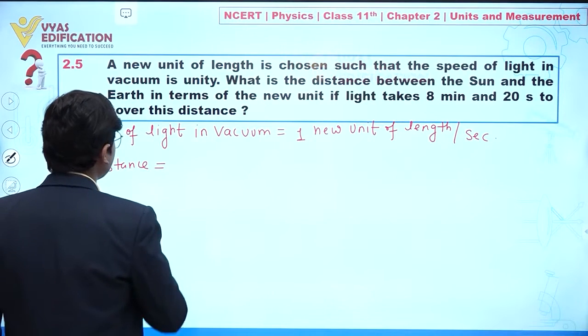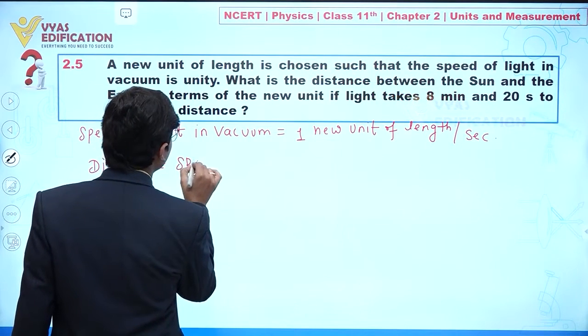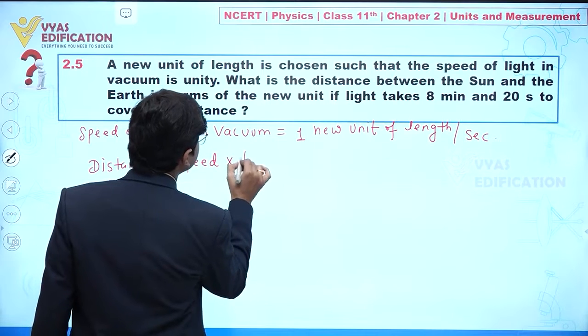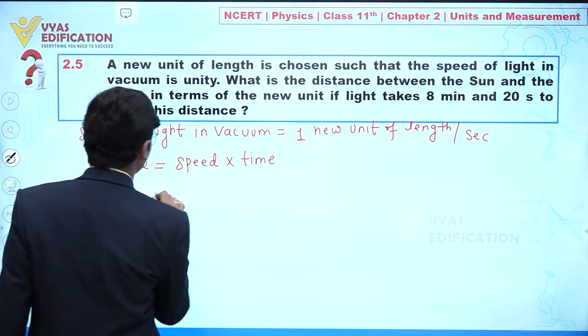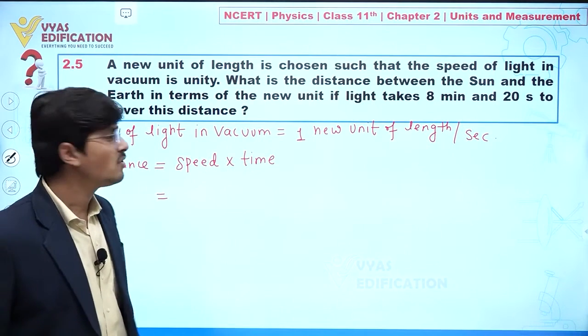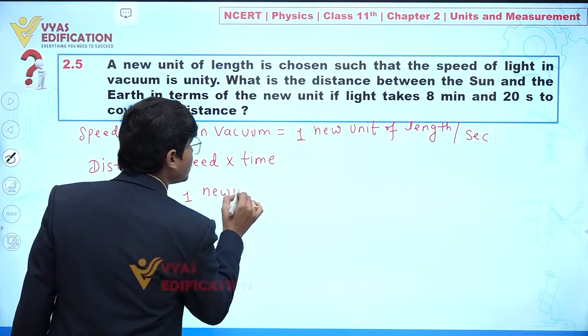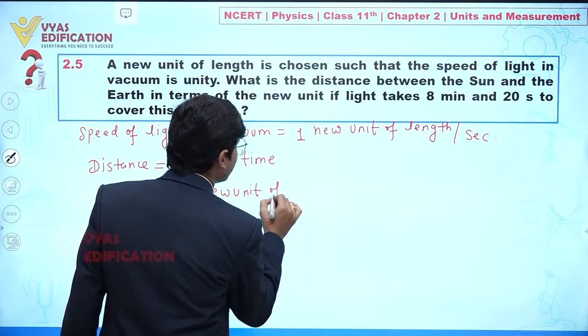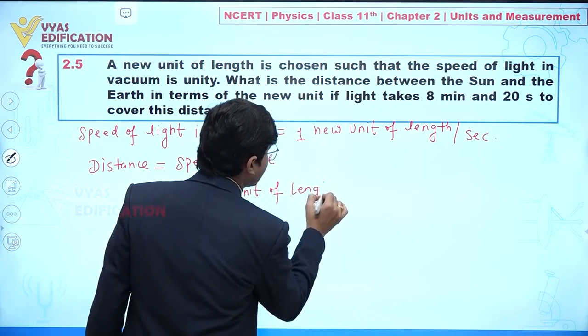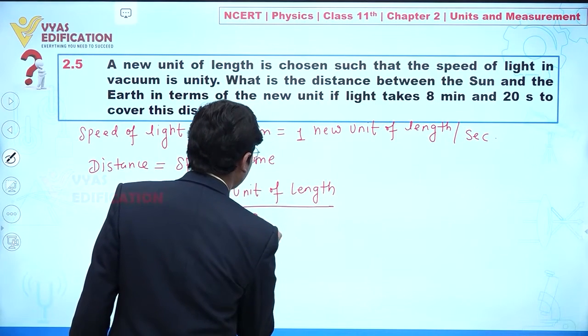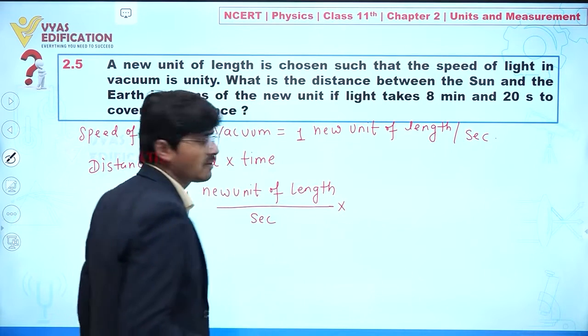So we can write like the distance covered by light, this is given by speed multiplied with time. Now what is value of speed? Speed we can say this is equal to 1 new unit of length per second. And it is multiplied with time.